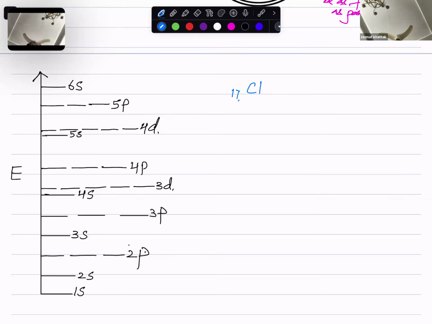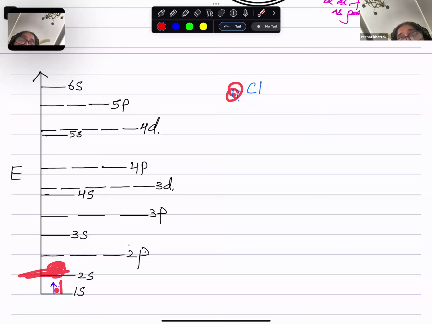It has how many electrons? 17. So the first electron will go to 1s, low energy. Now its second electron can go to the upper level, but that would be at high energy. So what will it do? The second will not go to this. It will pair up because there is place. There is space. It can be placed here.